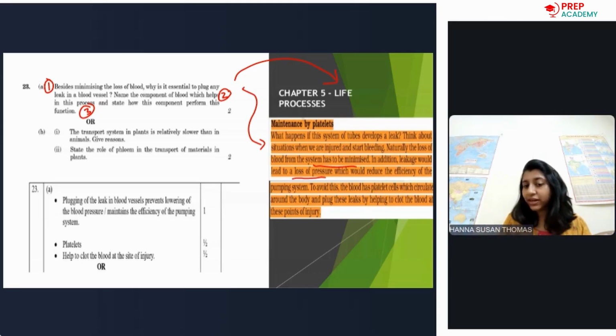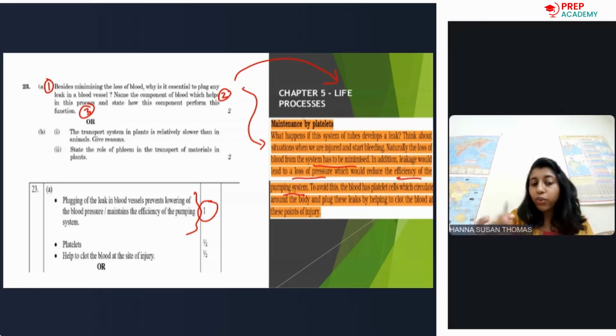If we are not controlling the loss of blood, it will lead to low blood pressure, which would reduce the efficiency of the pumping system, or circulatory system, as a whole. That is given in the official answer key also. If you write this answer, you will be awarded 1 mark.